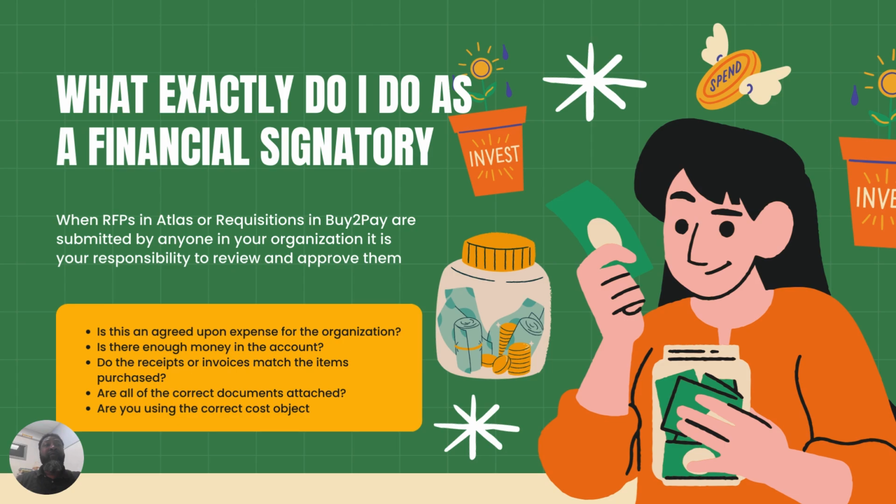So if it's a reimbursement, do you have receipts with proof of payment? And also maybe a W-9 form. If it's a requisition in buy to pay, do you have an invoice or a quote or a contract? Any document that needs to be uploaded with that potential purchase.